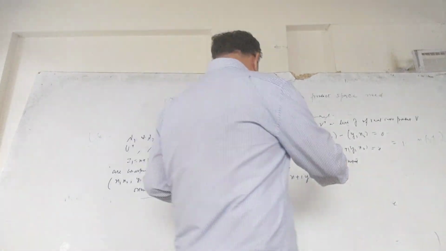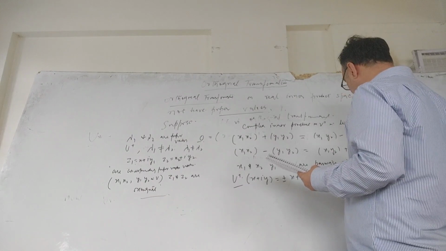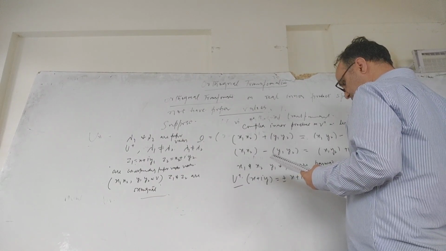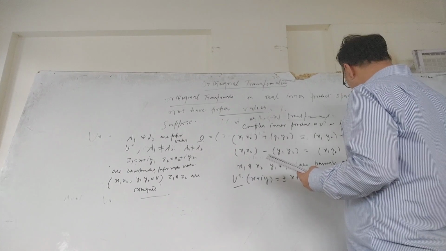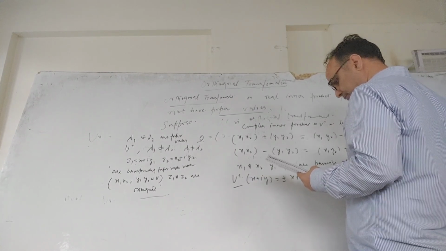And then the real part is ux equal to plus minus x and uy equal to plus minus 1. And the real proper values of u plus are plus 1 and minus 1.